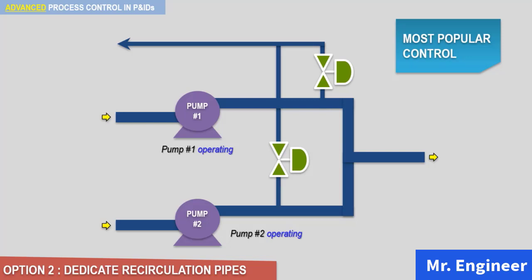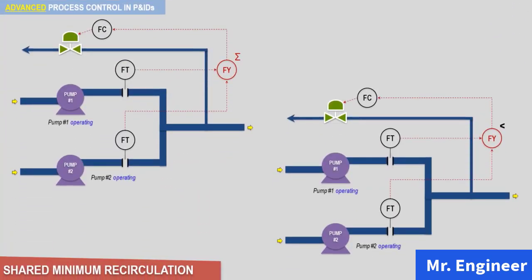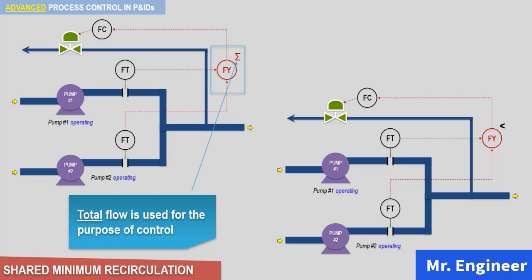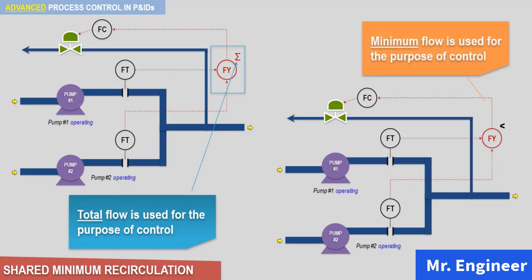But in any of the cases, at least 2 different types of control system can be applied on the minimum flow pipe as shown in this next figure. In the left-hand P&ID schematic, the total flow is used for the purpose of control, while in the right-hand P&ID schematic, the minimum flow is used.